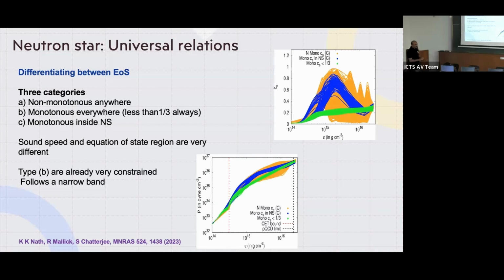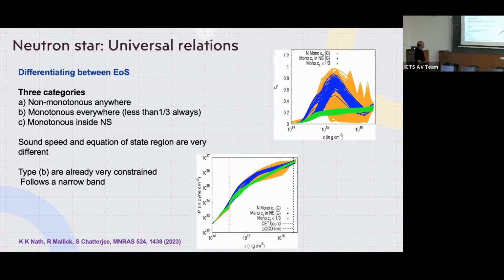This is another criterion, and we can have a bunch of equations of state satisfying it. We can have a third branch, which is monotonous inside the neutron star, but beyond neutron star densities it can come down. So these are the three different types of equation of state, and we want to check whether they also satisfy the universal relation.